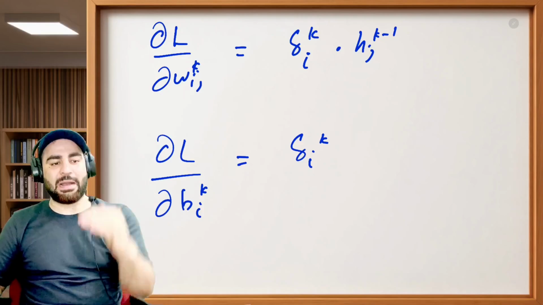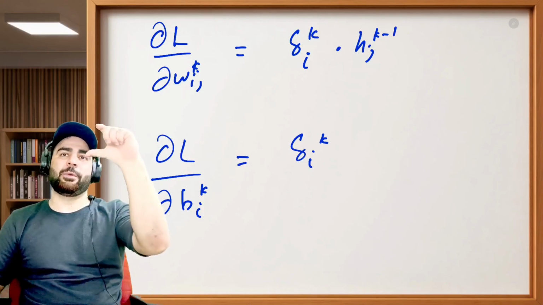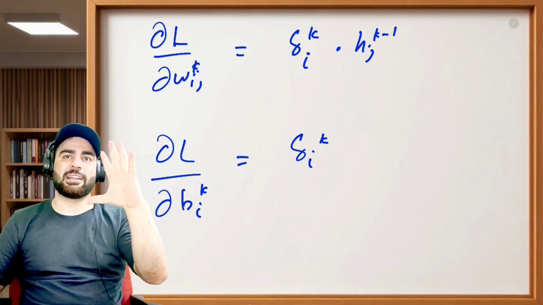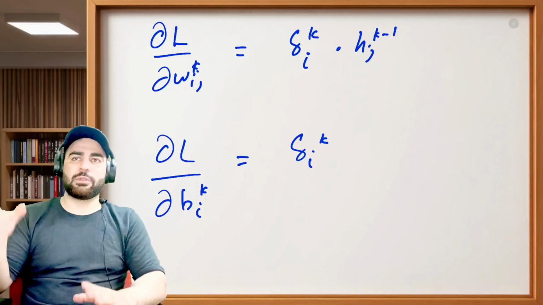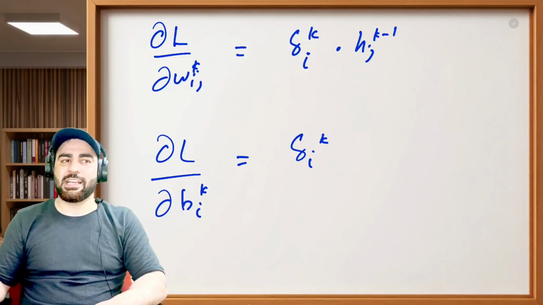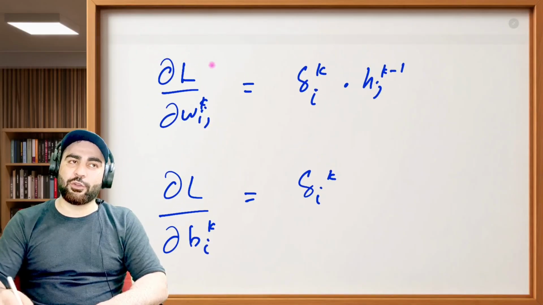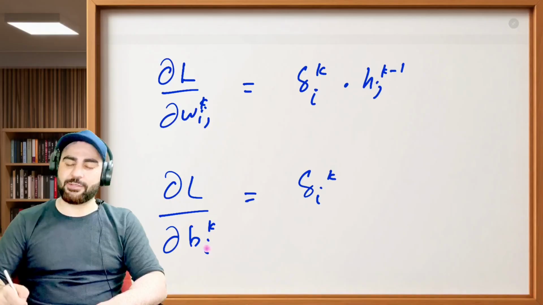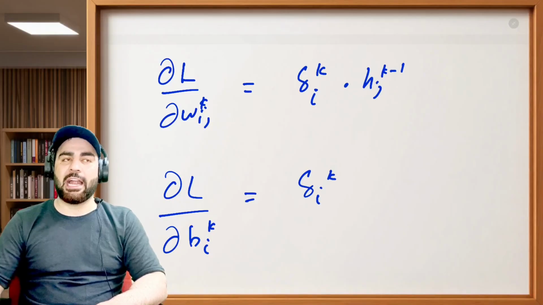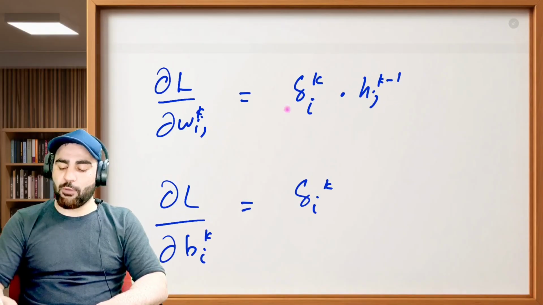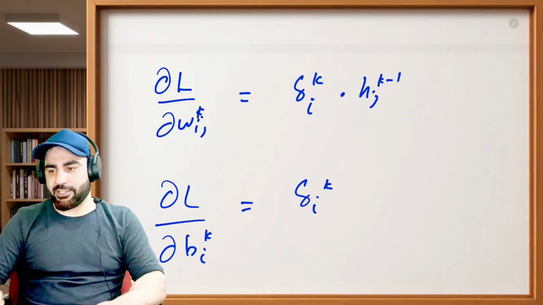In backpropagation, we computed delta k, which is basically the error vector, and then we used those error vectors to compute other delta k's. Once we had these delta k's, we needed the derivative of the loss function with respect to the weights and with respect to biases, and we used that error vector and multiplied with this, as we know from the previous discussion.